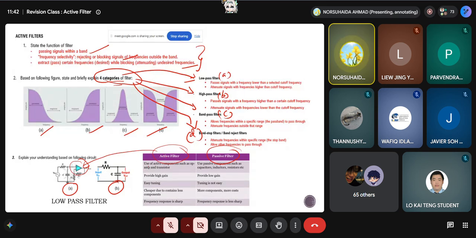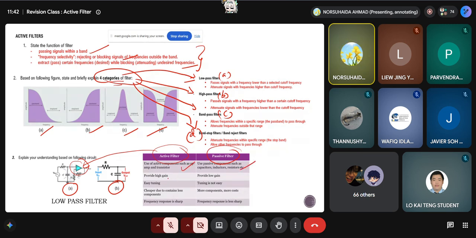So I just list down all the differences between the active filter and the passive filter. For A, we can say that this is an active filter by having this active component. For B, this is a passive filter because we only have the lumped elements, which are R and C, without any active element. Active filter uses an active component, passive filter uses a passive component.